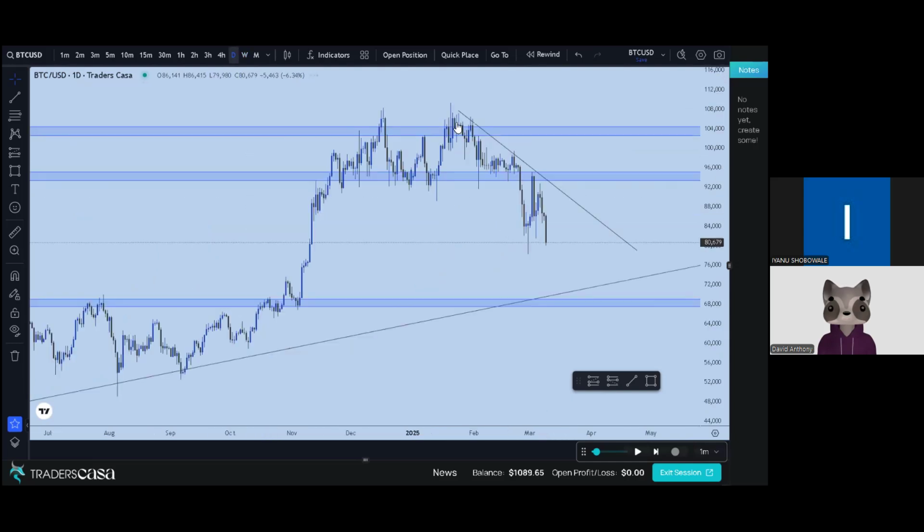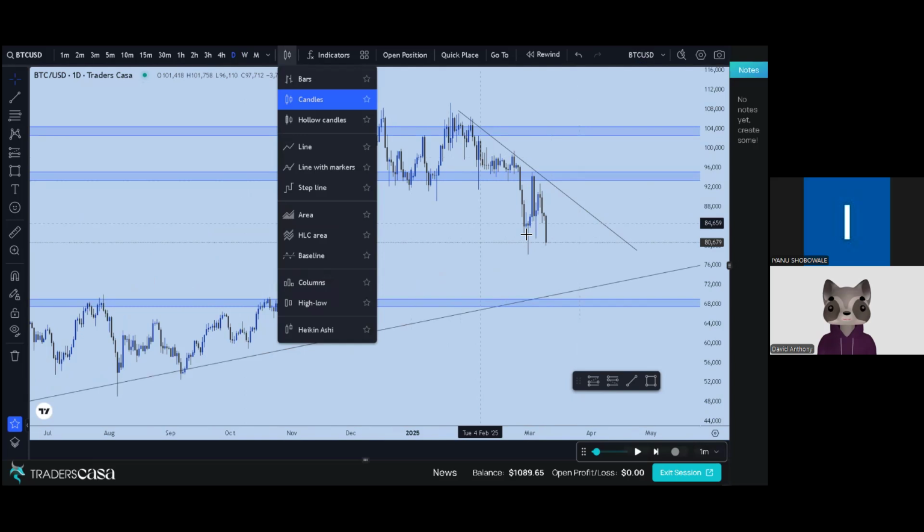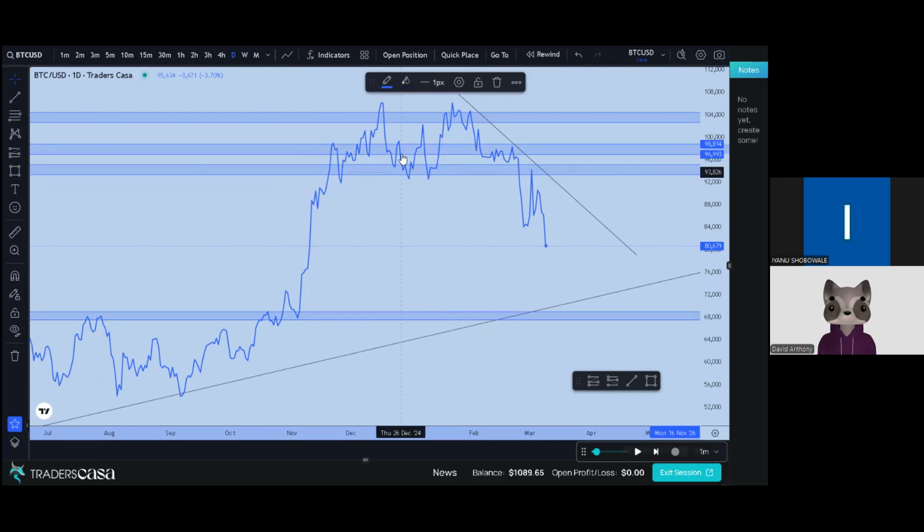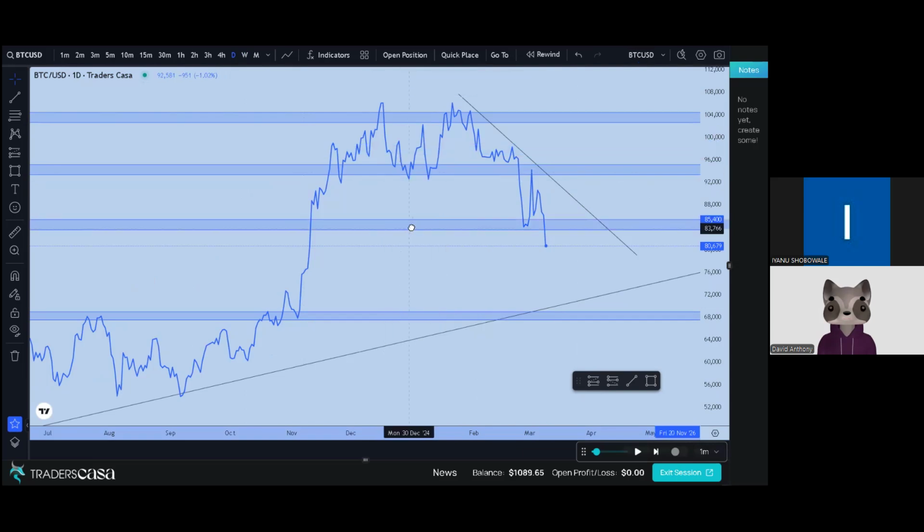So with what we have here now, touch one, touch two, can we expect a fourth touch? We cannot tell. But let's turn to line chart again. Let's see, I think there's some support that was created, right? A support and resistance level created right here. So I'm going to clone this again and drag it right here, and then come to weekly.